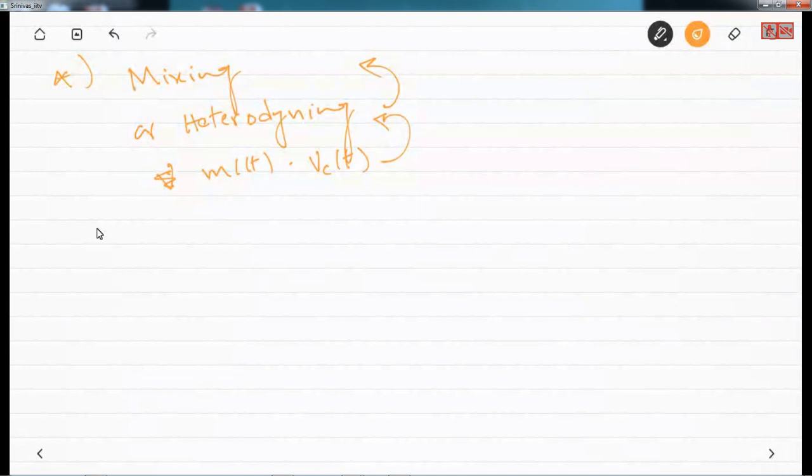Now it's time for us to define something new. Let's closely examine m of t times vc of t, which is equal to Ac cos 2 pi fc t times m of t. We are writing this equation again and again.